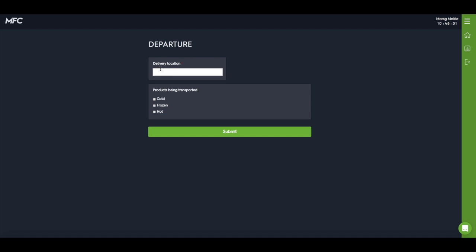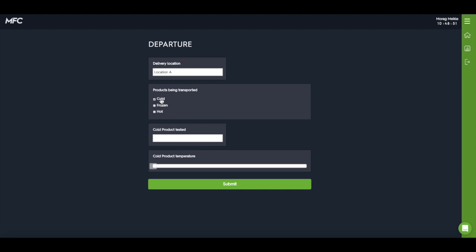So the way this works is we first input the delivery location. So let's say we're delivering it to location A, wherever that might be. The product's being transported. Typically there'll be a representative sample from each temperature group.